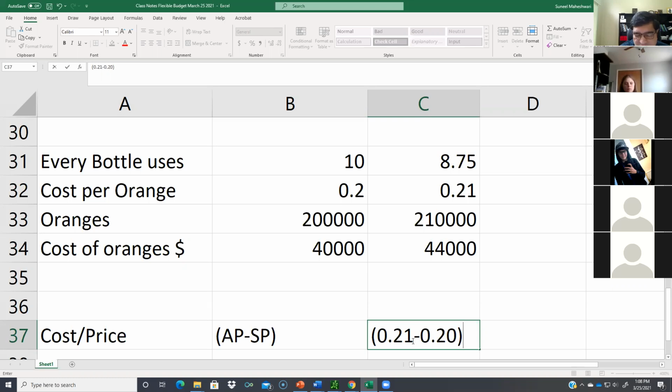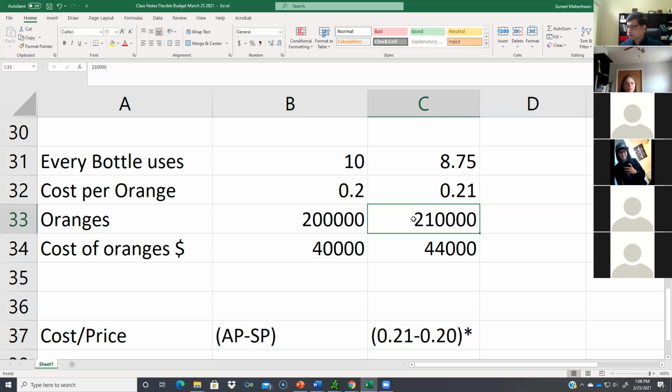Is everyone with me still? Yes. So in this case, the price that we paid is more than what we budgeted for. And we paid that price for 210,000 units of oranges.